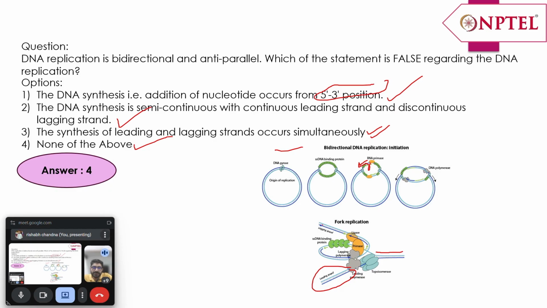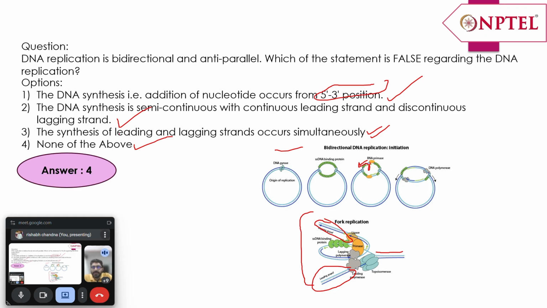But in the other strand, fragments called Okazaki fragments are formed because of the opposite direction of DNA replication. So this is discontinuous replication. Both occur, that is why it is called semi-continuous.